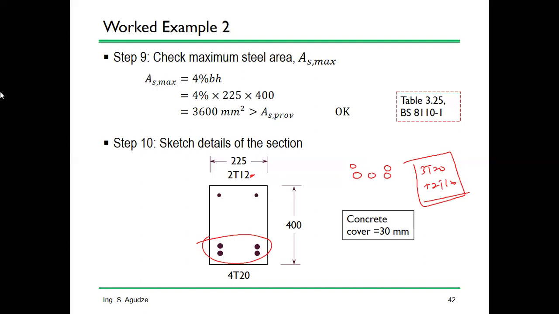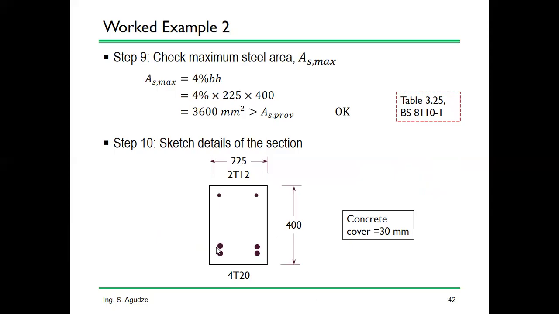And as usual, you have to indicate the cover of the concrete. As you can see, this is very simple. And of course, all the structures we are living in, this has been the approach used to do that design. Is that okay? Good.